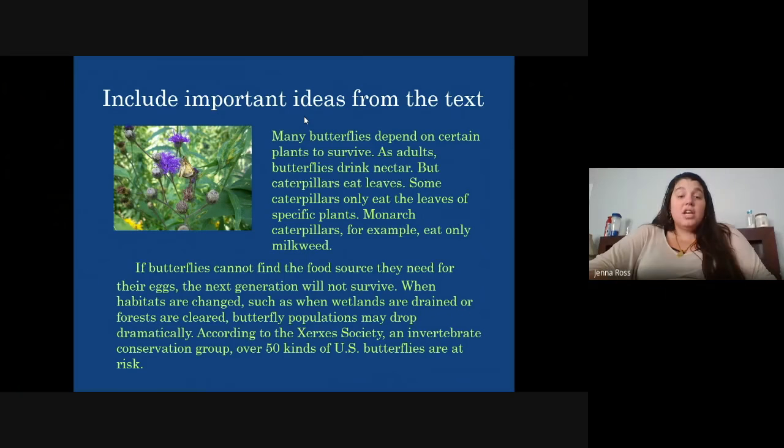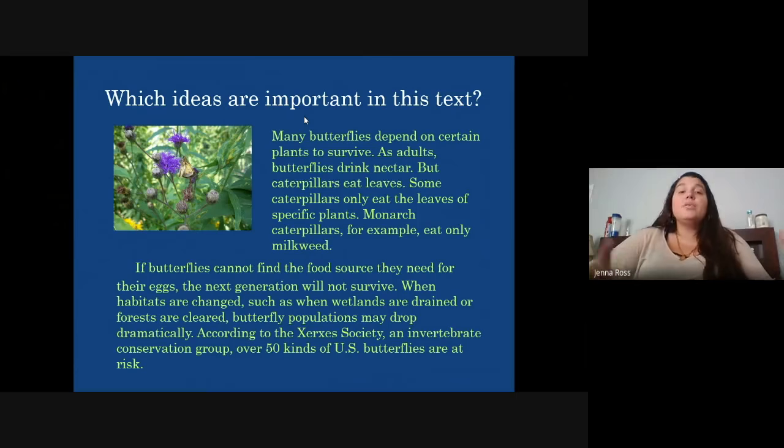When habitats are changed, such as when the wetlands are drained or forests are cleared, butterfly populations may drop dramatically. According to the Xerces Society, an invertebrate conservation group, over 50 kinds of U.S. butterflies are at risk. And what they mean by at risk is they're close to being extinct or they're close to being endangered. Their habitats are being destroyed, so they're dying.